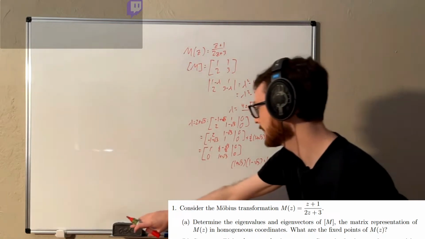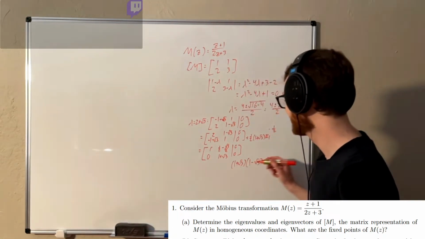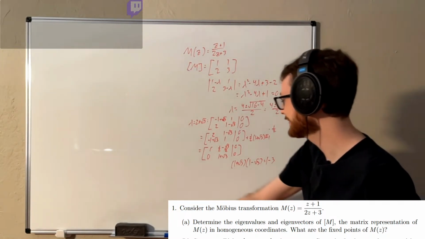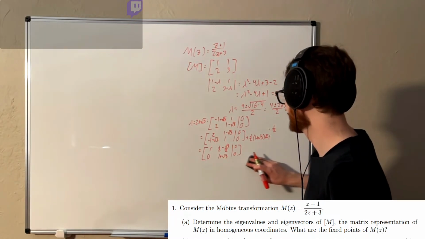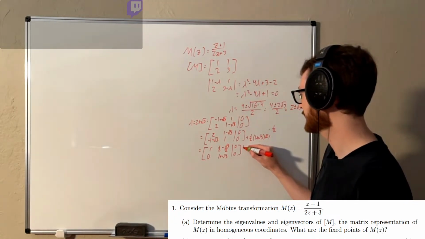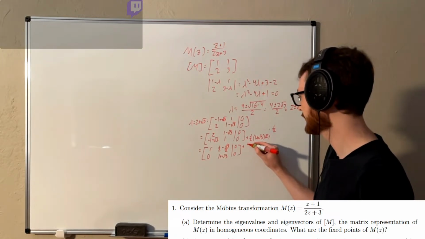No, 1 minus 3. I guess we do that. Before we do that, we can get rid of the root 3 up in the top row, though.